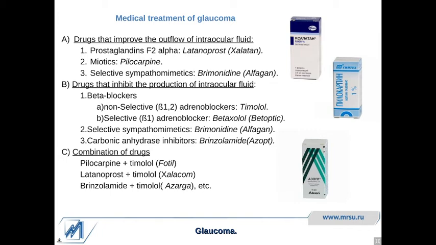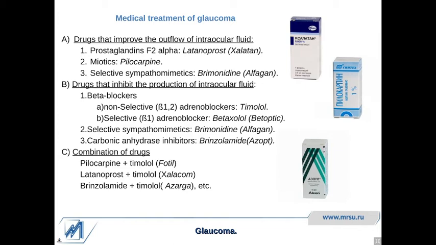For example, prostaglandins F2 alpha, it's latanoprost, miotics, and selective sympathomimetics, brimonidine, for example. When we choose the treatment of glaucoma, we firstly choose this group of drugs.